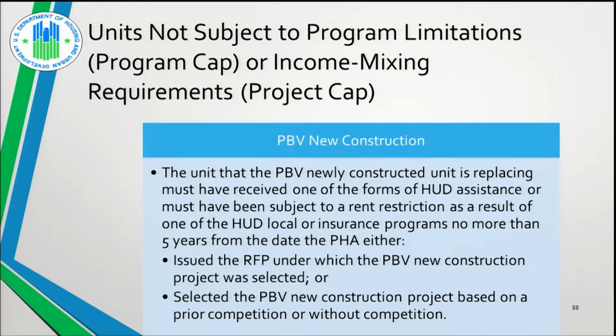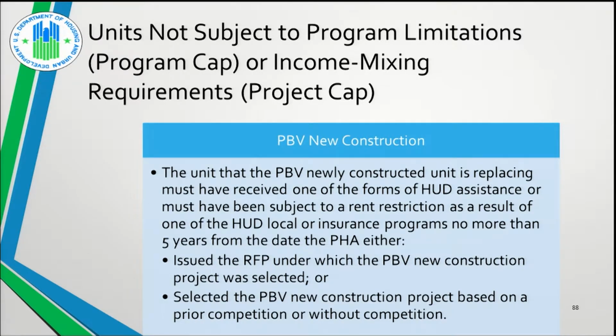A newly constructed unit developed under the PBV program may also be excluded from the limitation, provided the unit qualifies as a replacement unit. The unit must meet 4 requirements to meet this exception to the limitation.